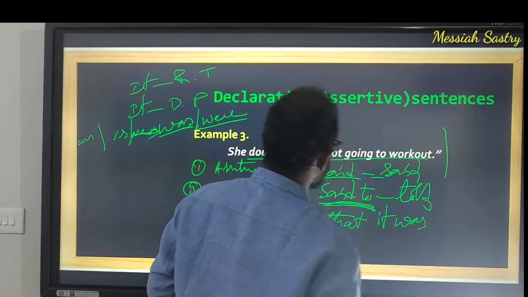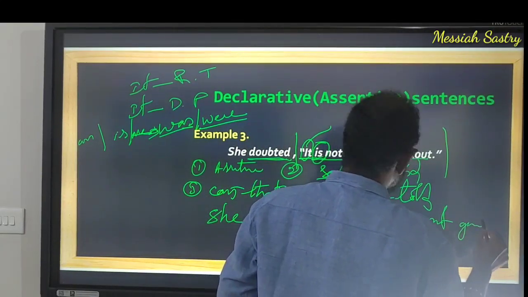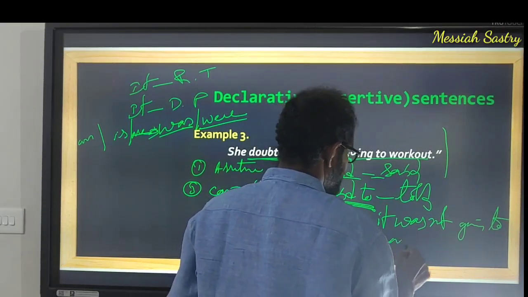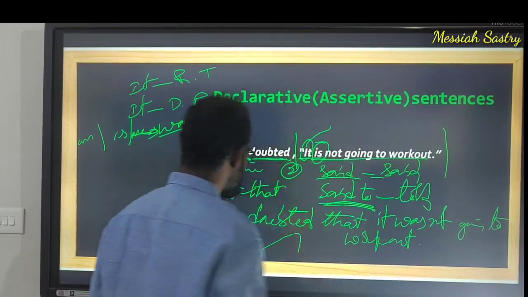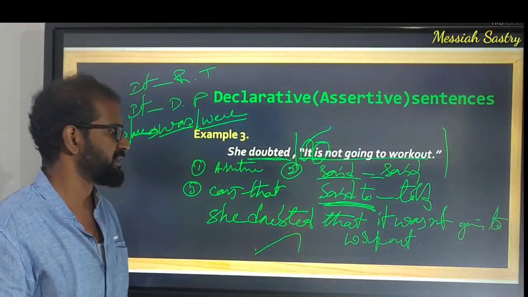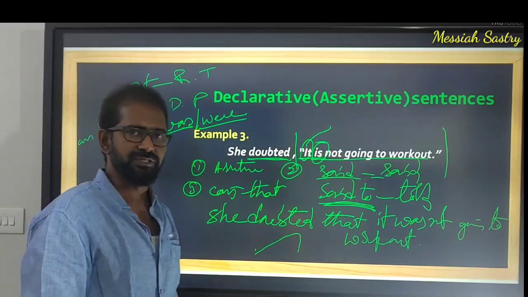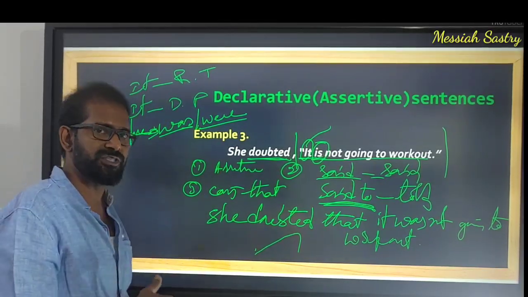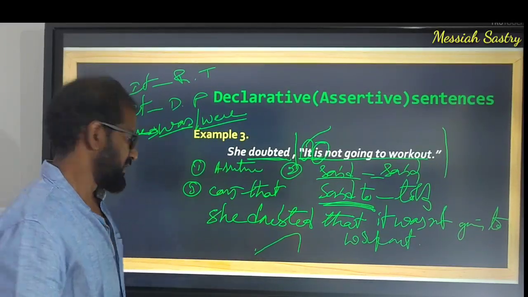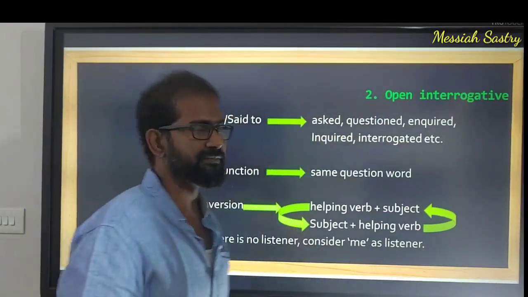So it was not going to work out. She doubted that it was not going to work out. This is how we change declarative sentences. So far we have learned how to change a declarative sentence from direct to indirect. Let us move to the next, open interrogative sentence.